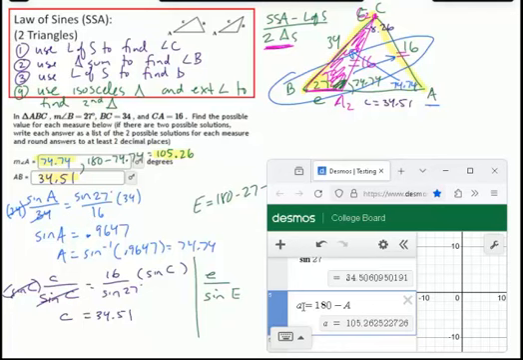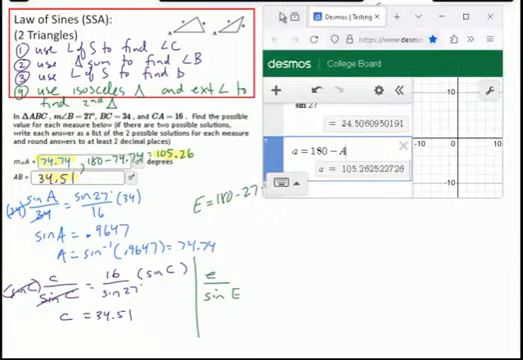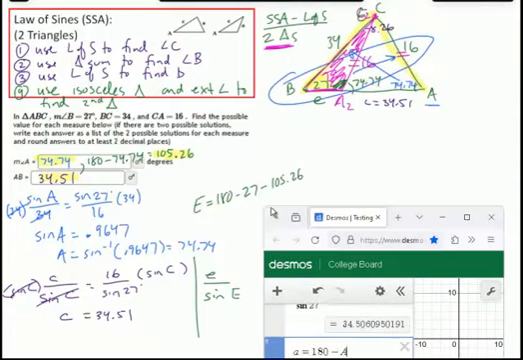Minus the 105.26. So what I need to do first is to find that new angle measure that represents this angle right here.